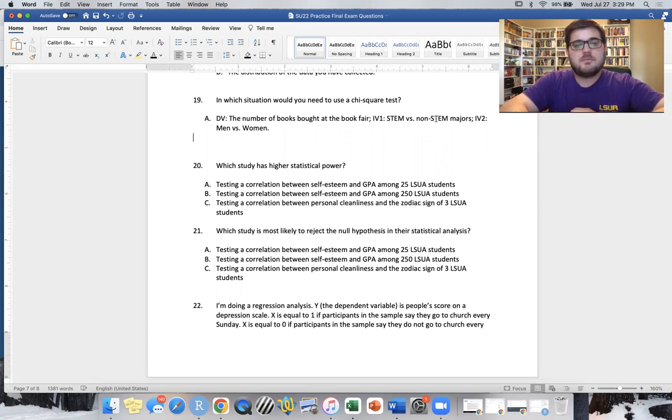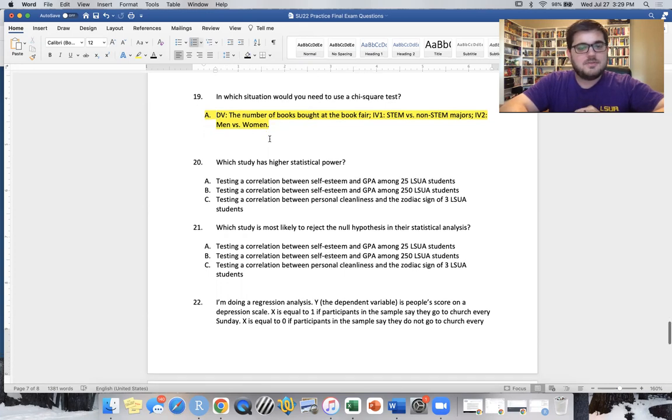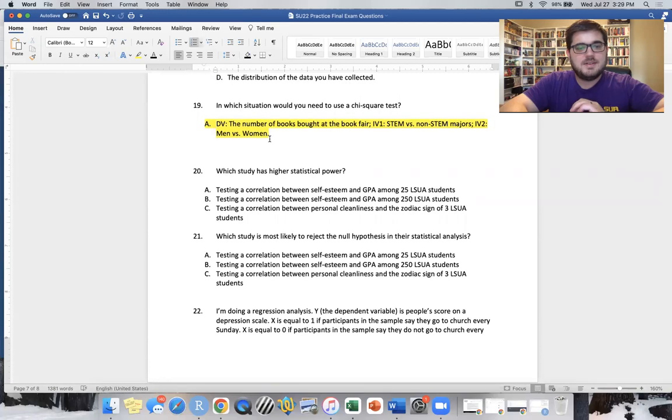How many books were bought by female STEM majors? How many books were bought by female non-STEM majors? That would be a chi-square test of independence, because it's the number of books. It's not some numerical sample mean, sample statistic about the books. It's just the number of books. It's the count. So you'd use a chi-square test of independence.